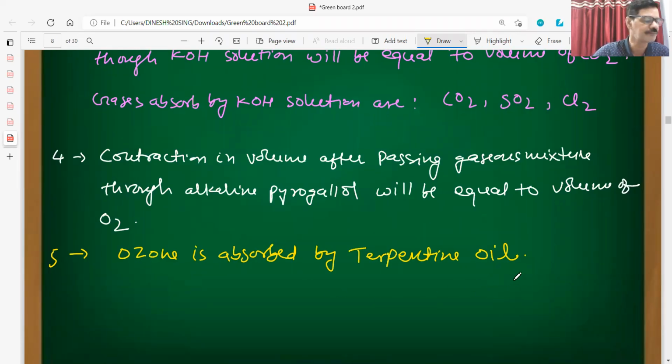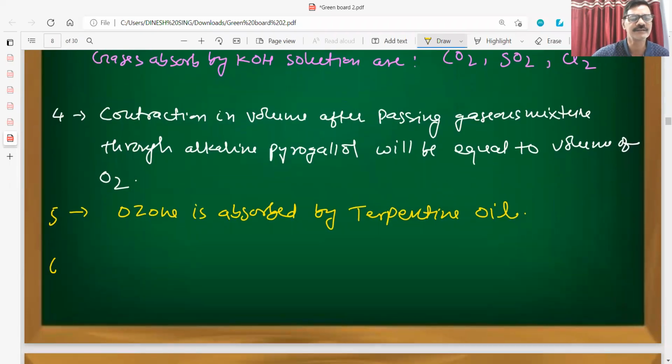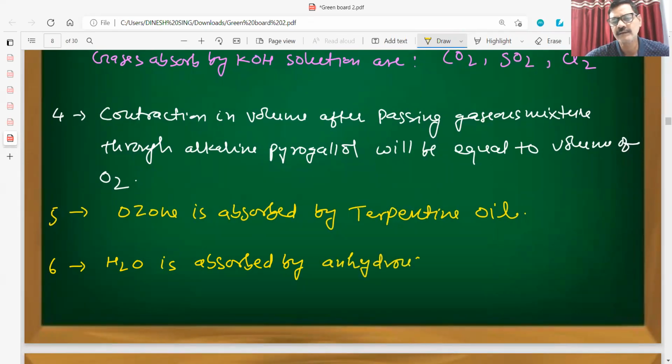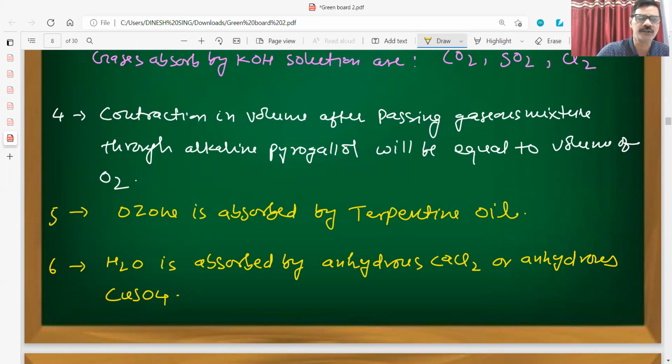And water is absorbed by anhydrous CaCl2 or anhydrous copper sulfate. So the reduction in volume of the gaseous mixture before cooling will be equal to the volume of H2O.